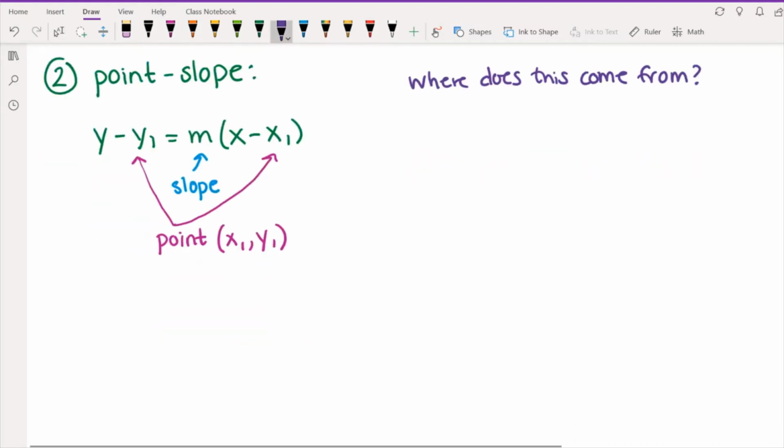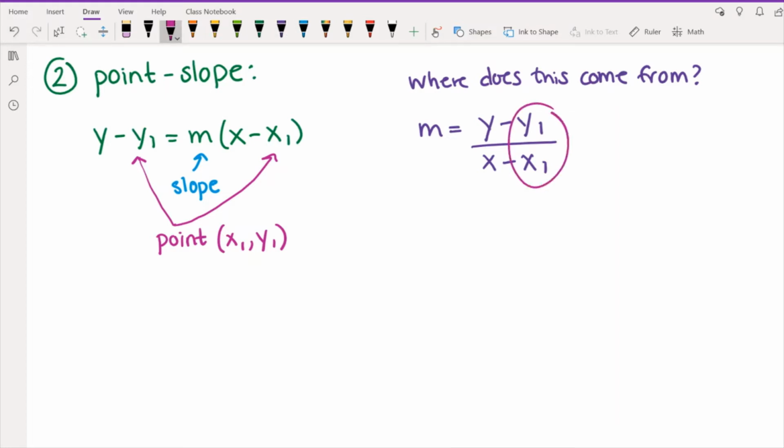Well, slope is equal to, if you're finding the slope between 2 points, you're going to be subtracting your y coordinates and subtracting your x coordinates. So x1, y1 is one specific point that lies on your graph. But then any other point that lies on your graph is also going to satisfy this equation. So that means that if you take this one known point, x1 and y1, and then you plug in any other point that lies on the line, it should have the same slope, right?